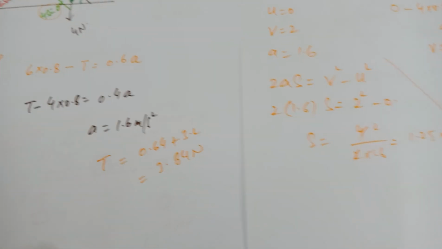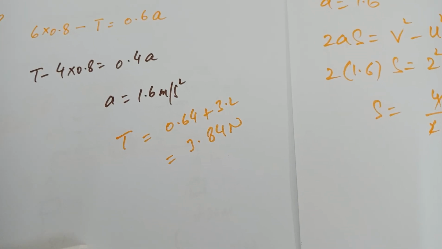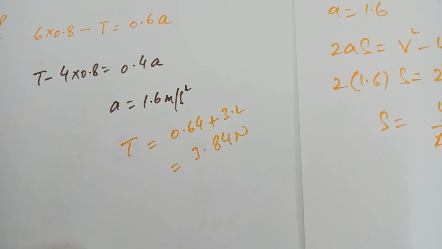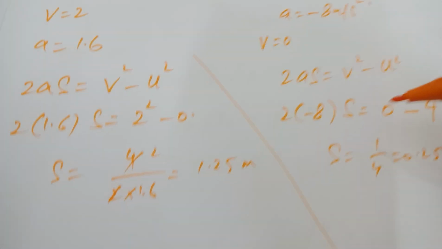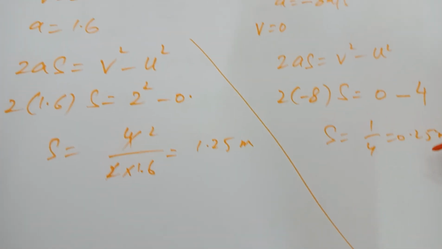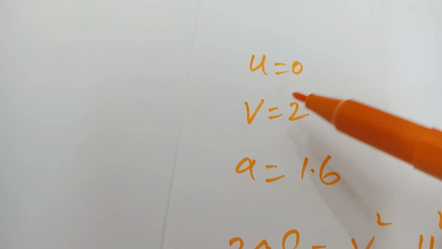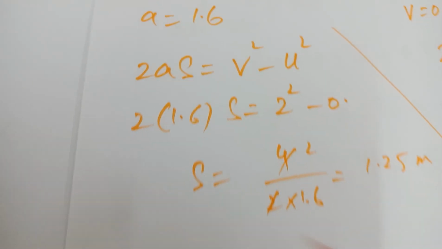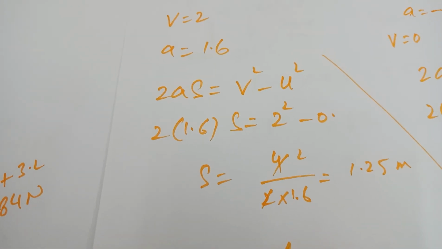Now let me see what we were required to find. It says find the time taken from the instant that the particles are released until Q reaches its greatest height. So I have found this distance, but basically we have to find the time. If you go back to the first situation, you have the initial speed, the final speed and the acceleration. So you can use v is equal to u plus at.